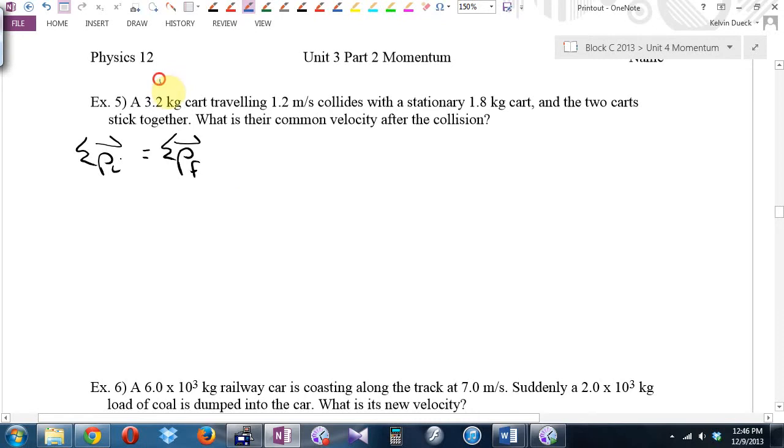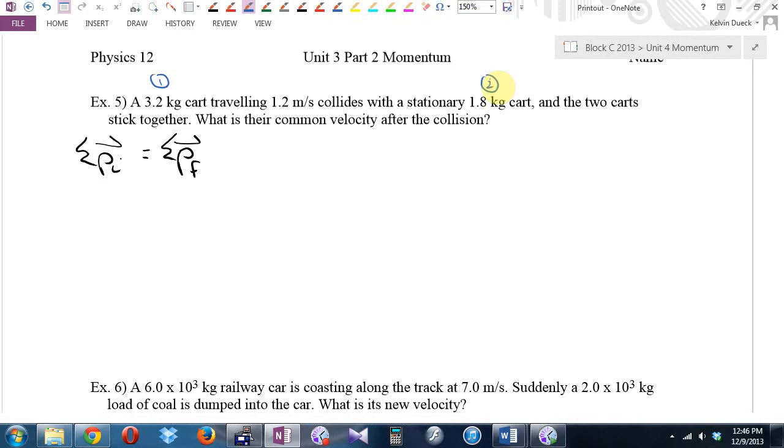Can I call the 3.2 cart 1 and the 1.8 kilogram cart 2? From now on, we'll read from left to right, and the first thing that I see, I'll always call cart 1, and the second thing, cart 2, so that way our stuff will look the same.